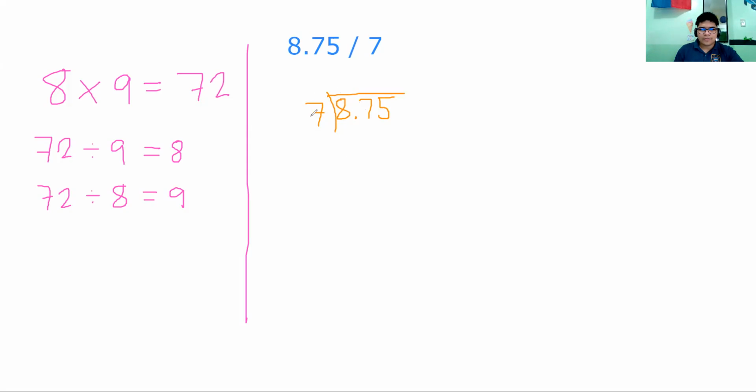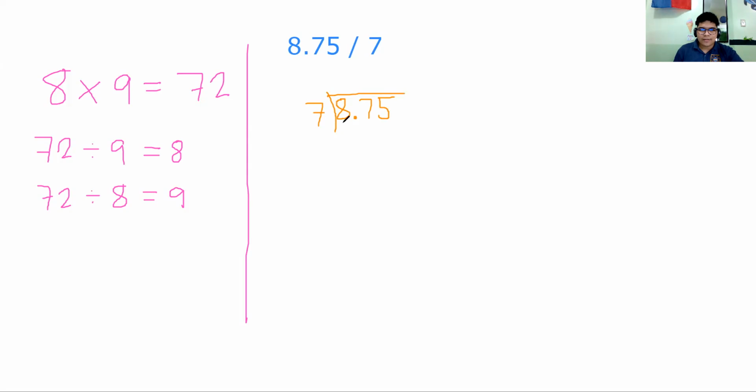And from there, we're going to divide each number one by 7. Okay, let's begin. So how will we deal with this decimal point? Let's just ignore that for now. Let's just divide it until we get a 0 remainder.